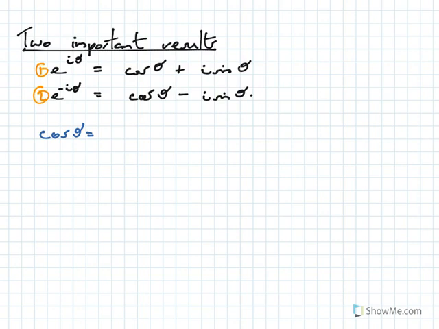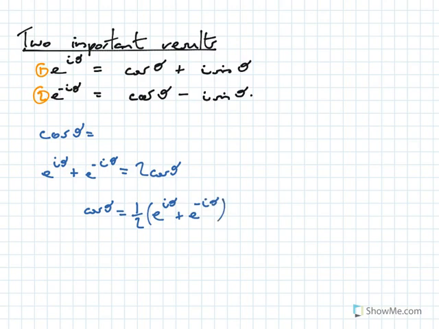If I add 1 and 2 together, I'm going to get e to the i theta plus e to the minus i theta is equal to, well, the coses add together to give 2 cos theta, and the i sine theta and the minus i sine theta cancel each other out. Therefore, cos theta is half of e to the i theta plus e to the minus i theta.